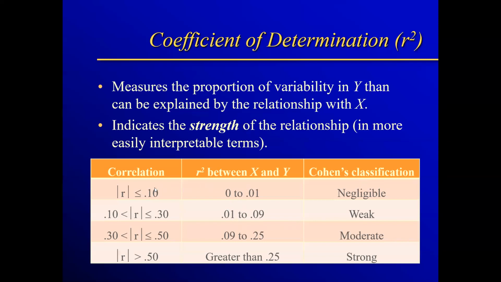So let's say we get a correlation that's less than 0.1, and then you square it. You'll get a value that ranges between 0 and 0.01 after you square it. So while SPSS is telling us that there is a relationship between these two variables, an R squared value that ranges between these two numbers really tells us there's no real correlation there. The relationship is just negligible.